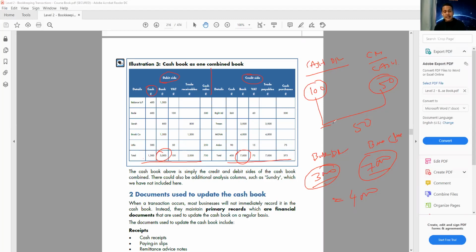So cash balance can go down to 0, but it cannot be minus. On the other hand, the bank balance can go to minus because you can end up with a bank overdraft. So if you find a negative bank balance, don't be worried about why it is a minus. It could go to minus.